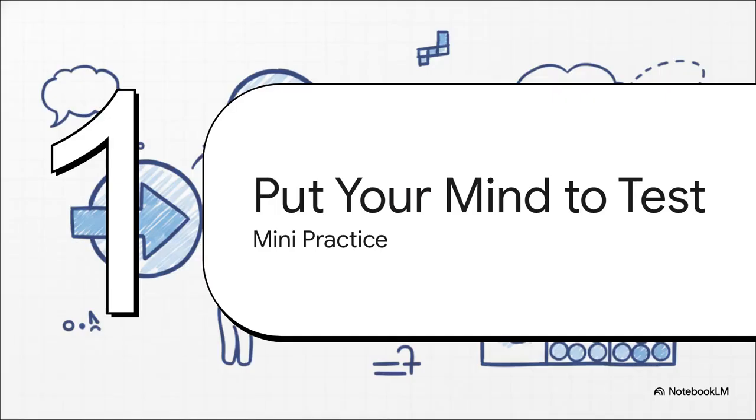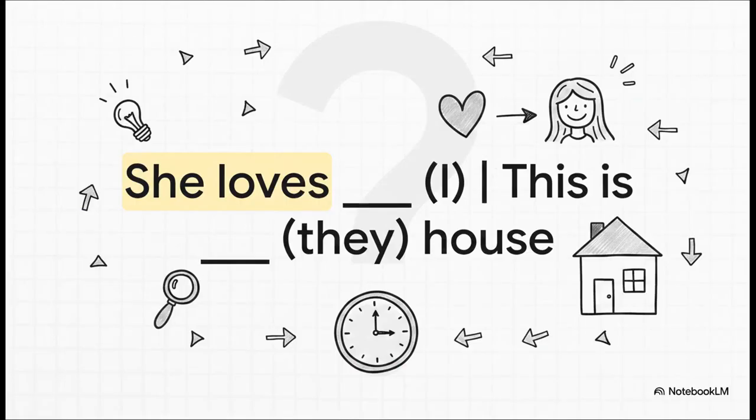Section 5. Put your mind to the test. Time for a mini practice. Let's put this brand new superpower to work. We're going to do a rapid-fire sequence to really lock this into your brain forever. Here are your first 2 scenarios. Number 1, the subject is I. She loves blank. Number 2, the subject is they. This is blank house. Use the trick. Look at what comes right after the blank.